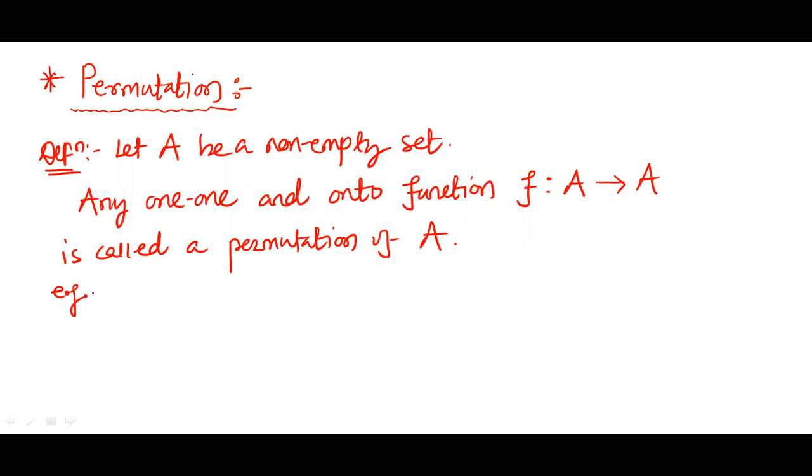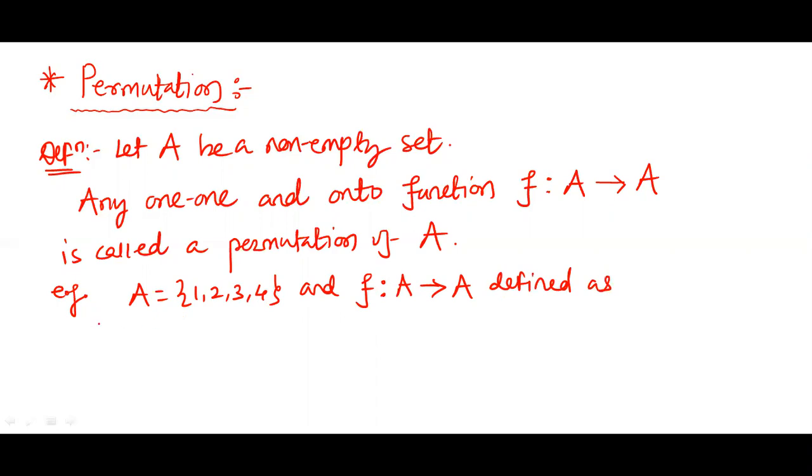For example, suppose set A is equal to the set {1, 2, 3, 4}, and f is a function from set A to set A defined as f of 1 is equal to 2, f of 2 is equal to 4, f of 3 is equal to 1, and f of 4 is equal to 3.